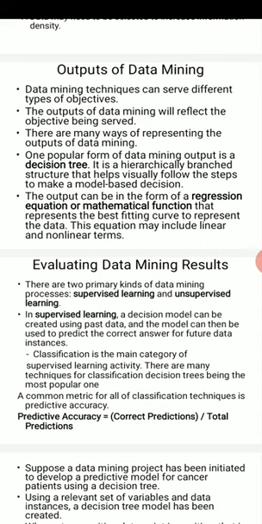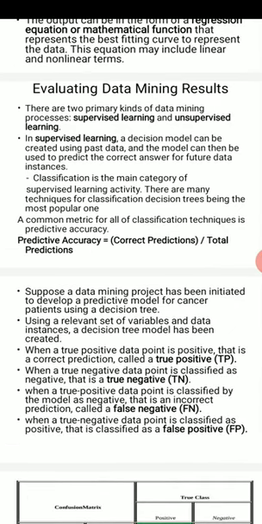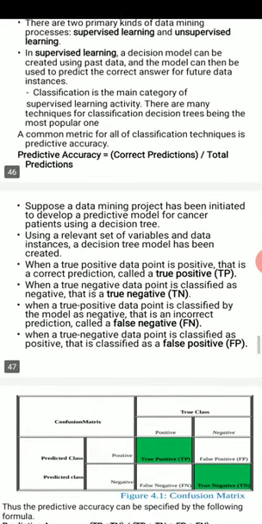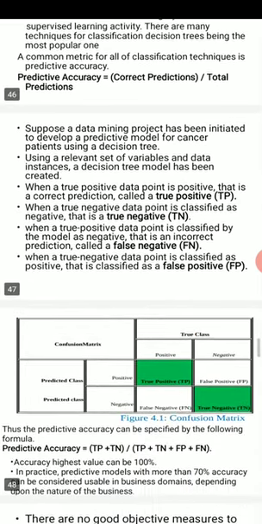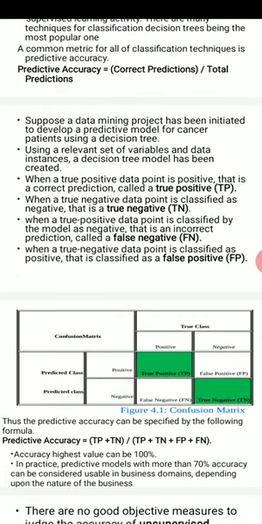There are many classification techniques such as decision trees, and we have also come across the confusion matrix, where we calculate the predictive accuracy, which is based on correct predictions divided by total predictions. So this is your confusion matrix, where we have true positive, true negative, false negative and false positive.